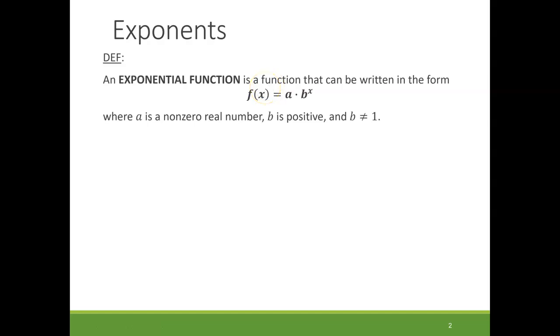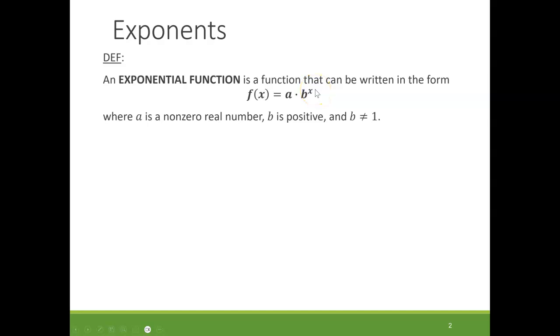That's not exponential. We restrict b from being 0 or 1, because if b is 0, the whole thing's 0, same problem. If b is 1, 1 to the x is still 1, and then 1 times a is still a. That's a constant function. That's not what we want. And we say b can't be negative, because x can be any real number.